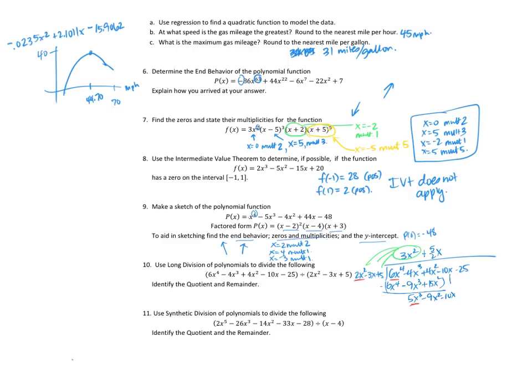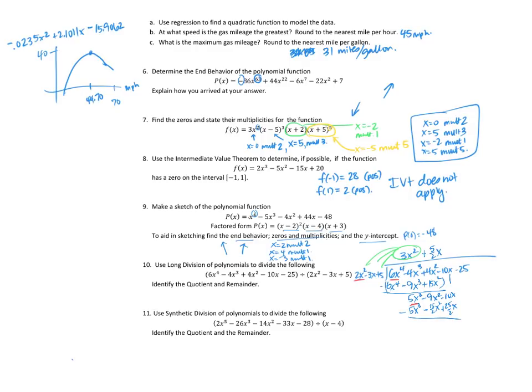And so when I multiply 5 halves x back by each of those things, I'm going to get 5x cubed minus 15 halves x squared and then plus 25 halves x.